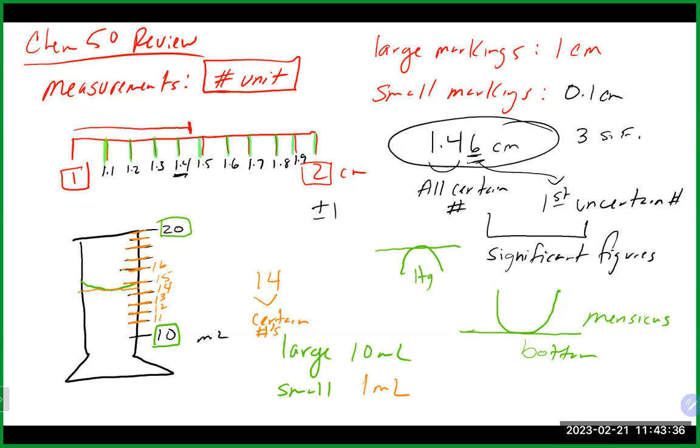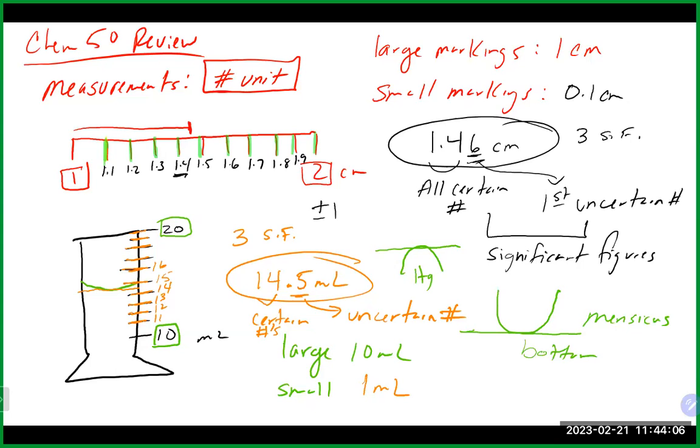And it's not exactly 14, not exactly 15, so we will make our estimate, maybe 5 in this case with our units, and that would be our uncertain number. That means this would have 3 significant figures. All of them would be significant, with the uncertain number being the last digit that we measured there, plus or minus 1.